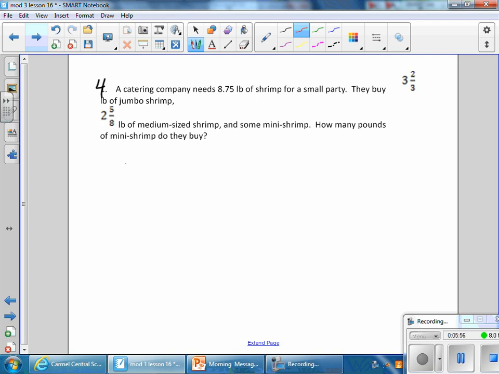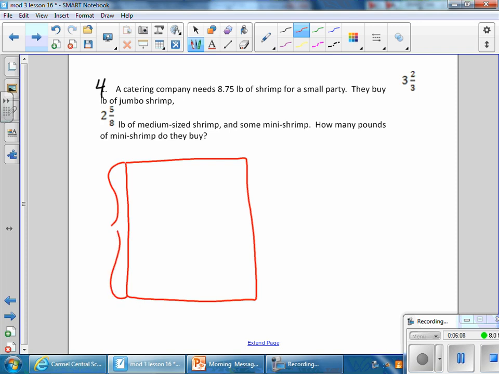Okay. Again, I'm going with a vertical tape. I see that they need for this party a total of 8 7/75 pounds of shrimp. That's what they need. They already have 3 2/3 jumbo.